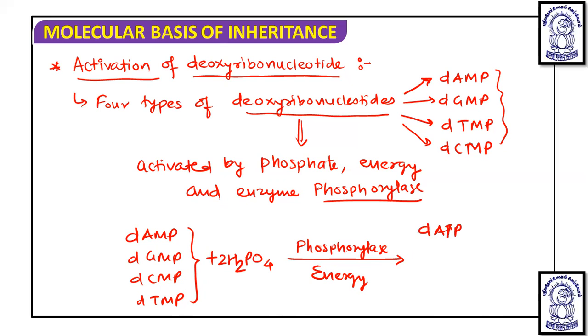Why? Because here it is adenosine monophosphate, but when two phosphate molecules are added, it is going to convert into DATP. Then it is going to convert into DGTP, DCTP, and DTTP. Like this, they convert into the four nucleotides. And this way, DATP, DGTP, DCTP, and DTTP are produced.